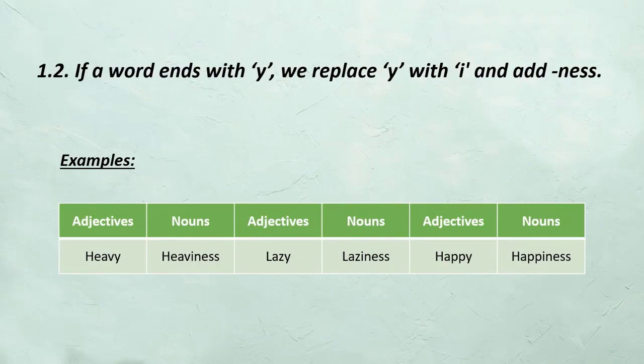In this word, the last letter is Y. We will eliminate the letter Y and replace it with I and add NESS. It becomes heaviness. Same like that, lazy becomes laziness. You can see we have skipped Y and replaced it with I, and happy becomes happiness.